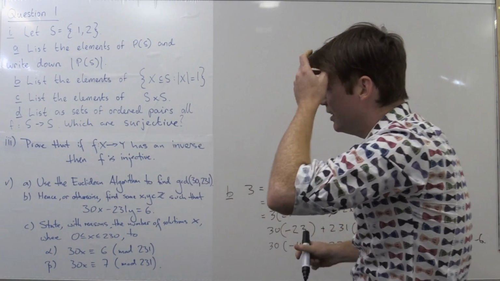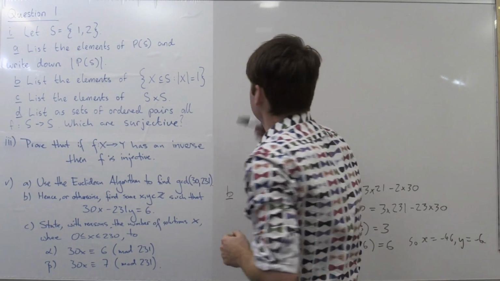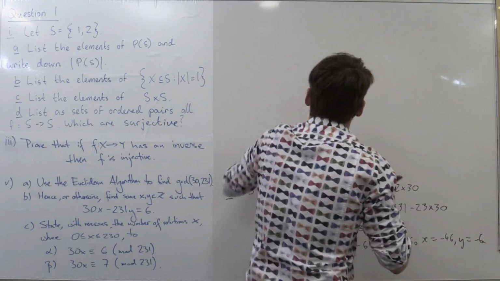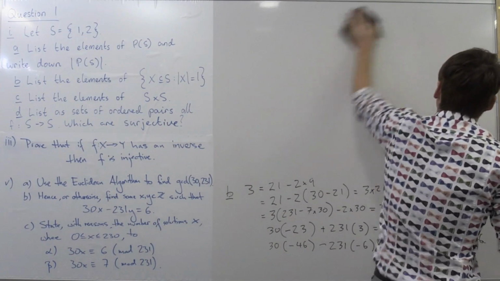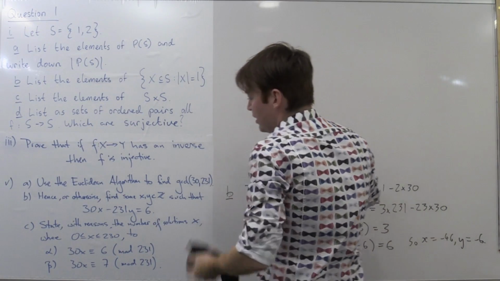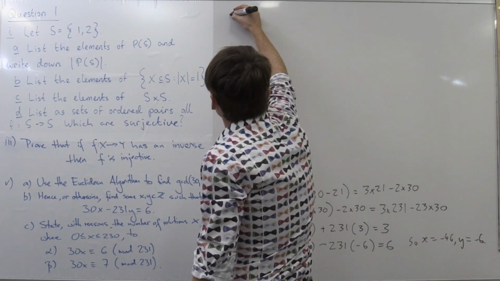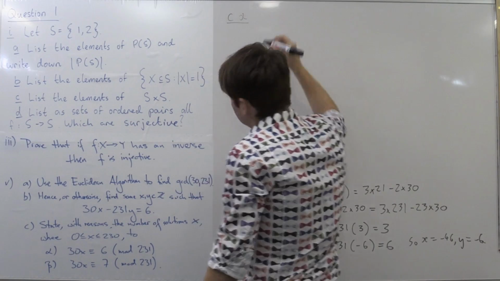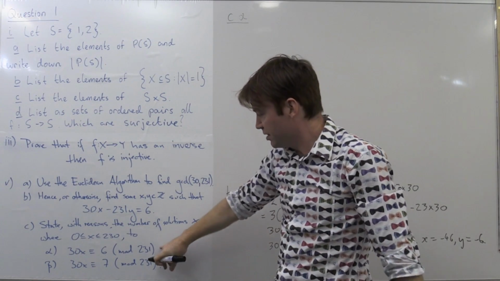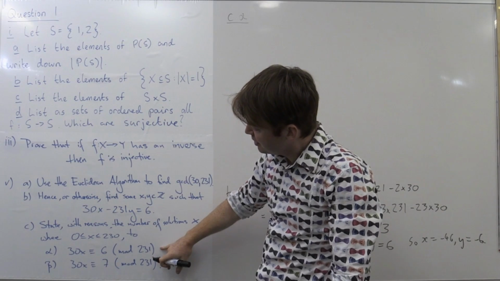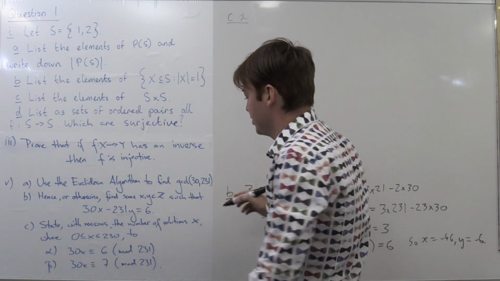Okay, now we need the number of solutions to these equations. So for part C, I might first of all solve this. So this is C alpha. I'm going to solve this equation as an equation with the smallest possible modulus.